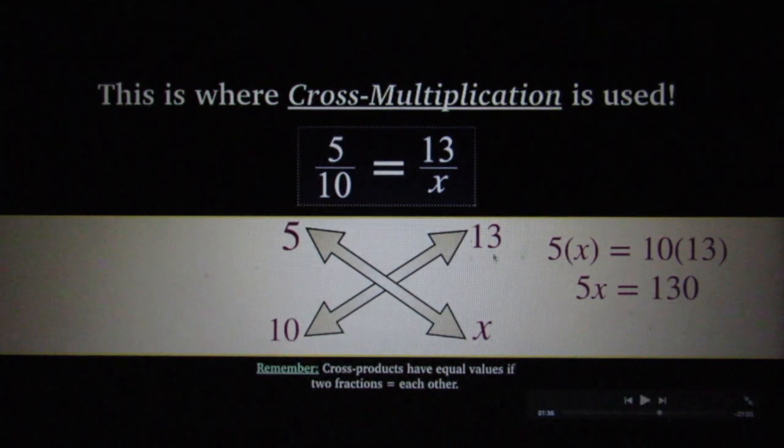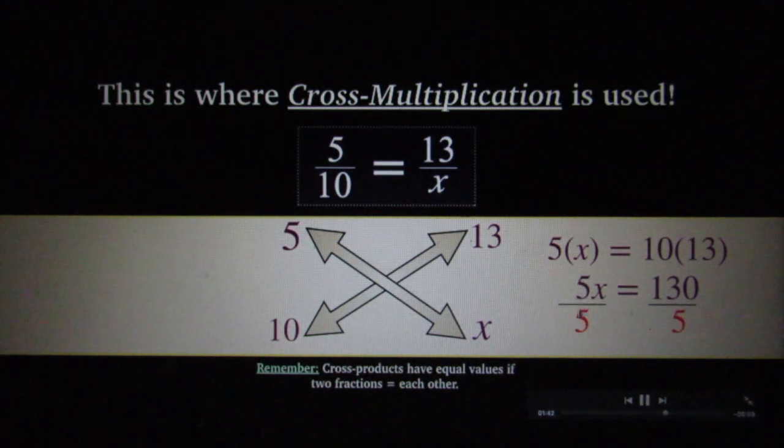So we have it set up. Numerator times denominator equals numerator times denominator. I just wrote it in the other order. I then start to solve it, so 5 times x, of course, is 5x. 10 times 13 is 130. And we're left with just one step to finally solve this one and determine what x's value is.